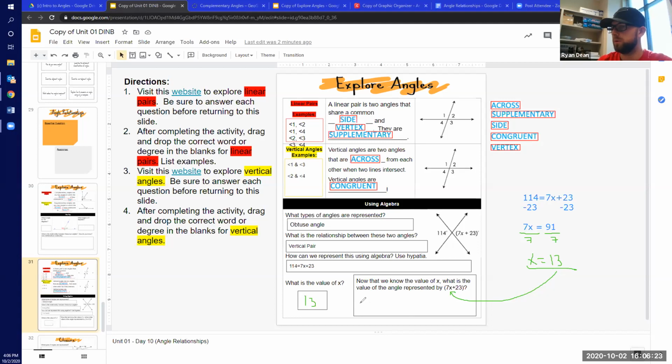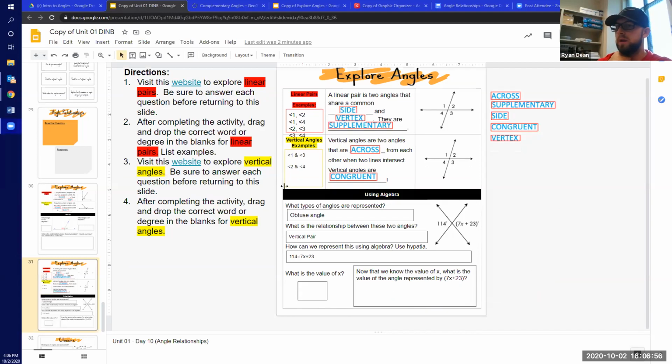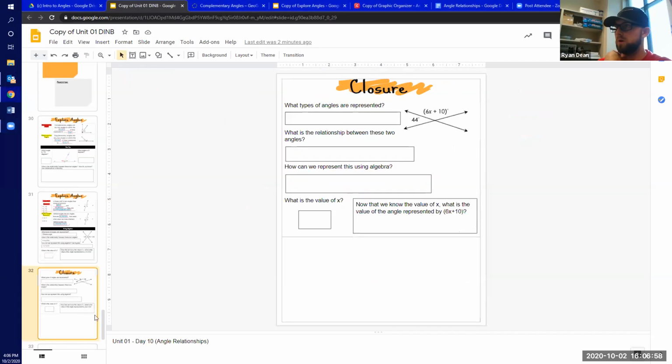So we would do 7 times 13 plus 23. 7 times 13 is equal to 91. 91 plus 23, and sure enough, that gives us 114 degrees. We can do this with any pair. It doesn't necessarily have to be a vertical pair. It can be any pair that we know about.